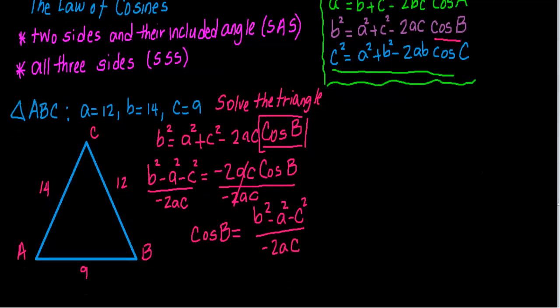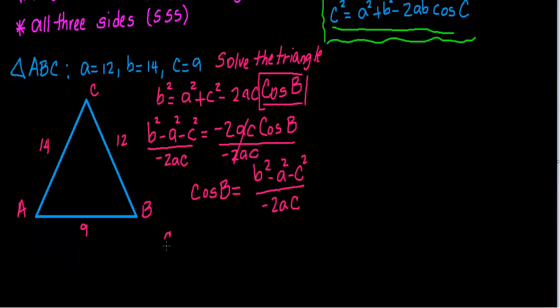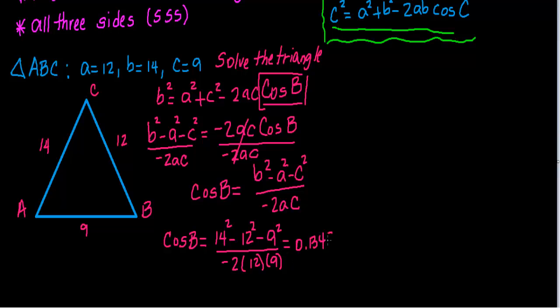And now that we've isolated it, we can go ahead and solve for cosine of B. Let's plug in our values. B squared would be 14 squared, minus A squared, which is 12 squared, minus C squared, which is 9 squared. All of that I'm going to divide by negative 2 times A, which is 12, times C, which is 9. And you will get a value of 0.1343.